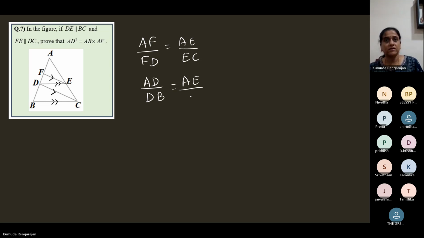So the two proportions we have are AF by FD equals AE by EC, and the other one is AD by DB equals AE by EC. I drew the triangle separately. If you're confused, please draw separately and see that.